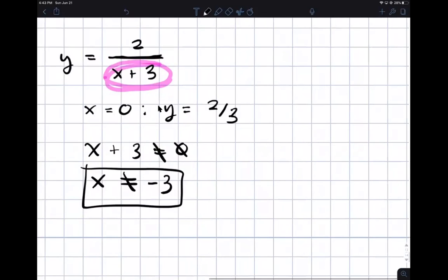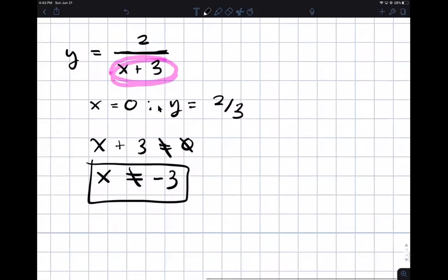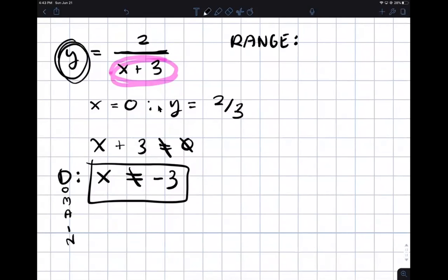And it's the same thing for the range, except we already know what the range is going to be. So what's the one value that y can't be? 0.